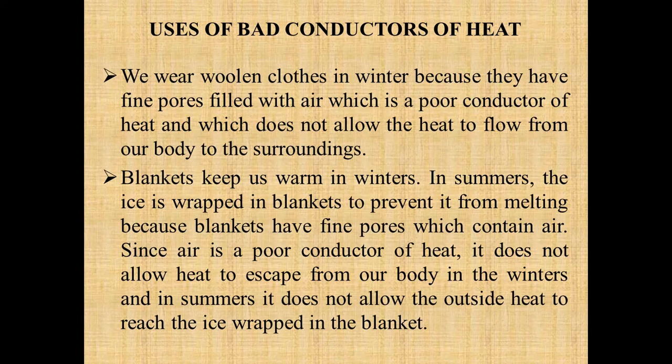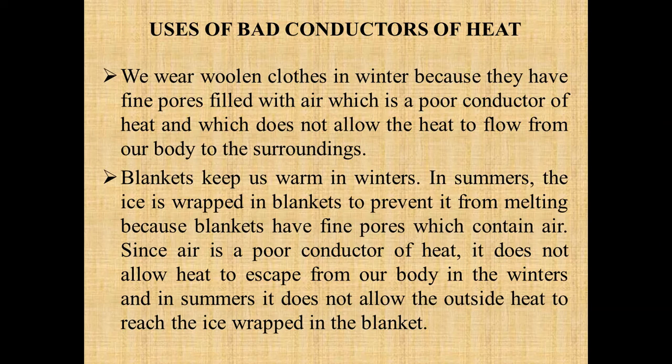We wear woolen clothes in winter because they are poor conductors, since they have fine pores which are filled with air, and again air is a very poor conductor of heat. So whatever heat is inside our body does not easily go away from our body while wearing woolen clothes.